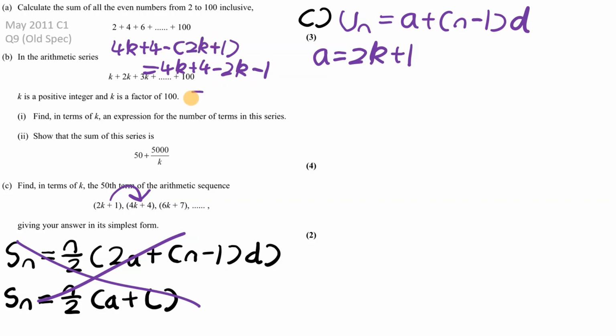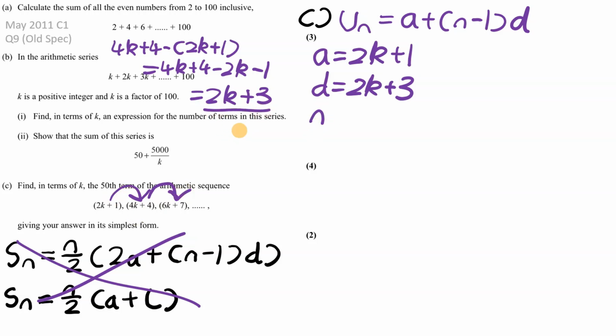If you expand this, this is going to be equal to 4k minus 2k, which is 2k, and 4 minus 1, which is 3. So therefore, the common difference is 2k plus 3. You can confirm this further if you want by finding the difference between 6k plus 7 and 4k plus 4, which will also be 2k plus 3. And then n, we're trying to find the 50th term, so n is equal to 50.